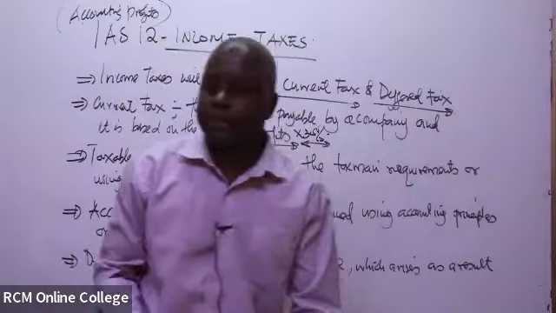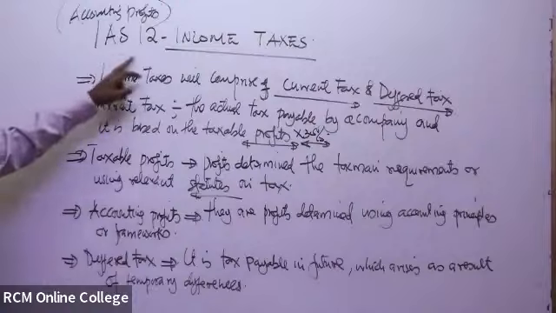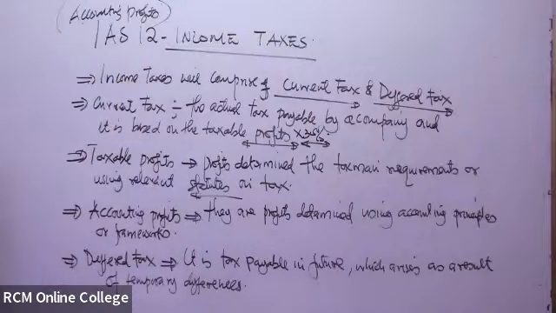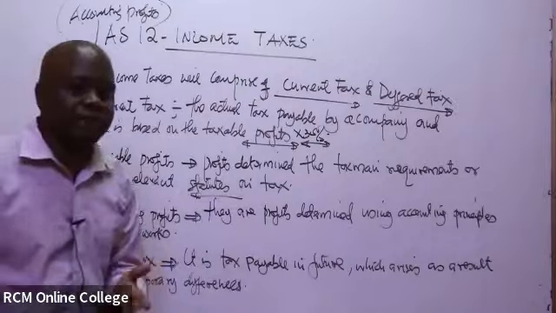The reason why we focus on IAS 12 Income Taxes is that the profits you get under accounting and the profits you get when you want to tax are different.